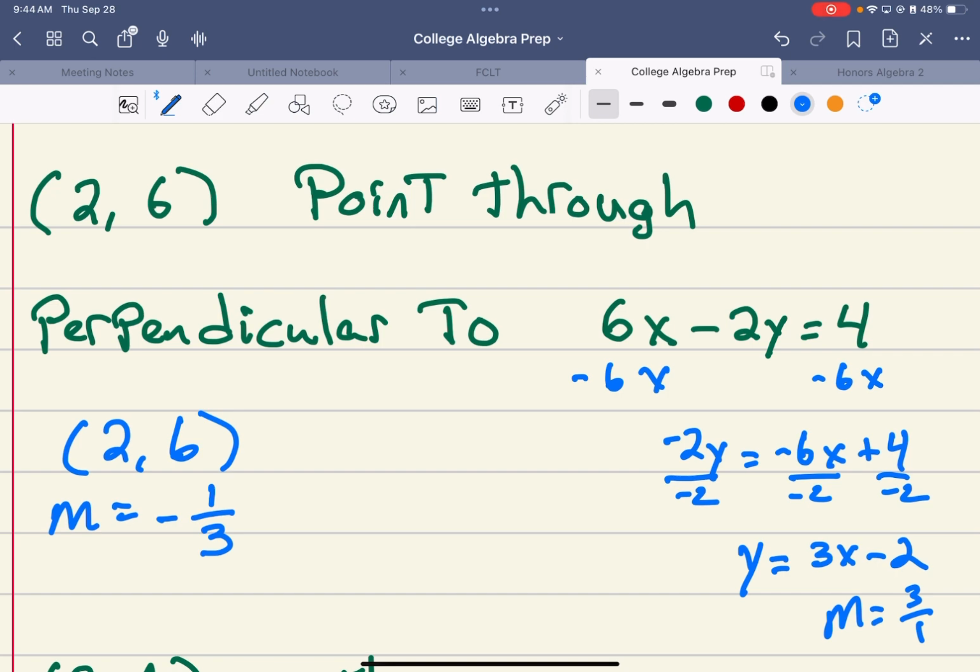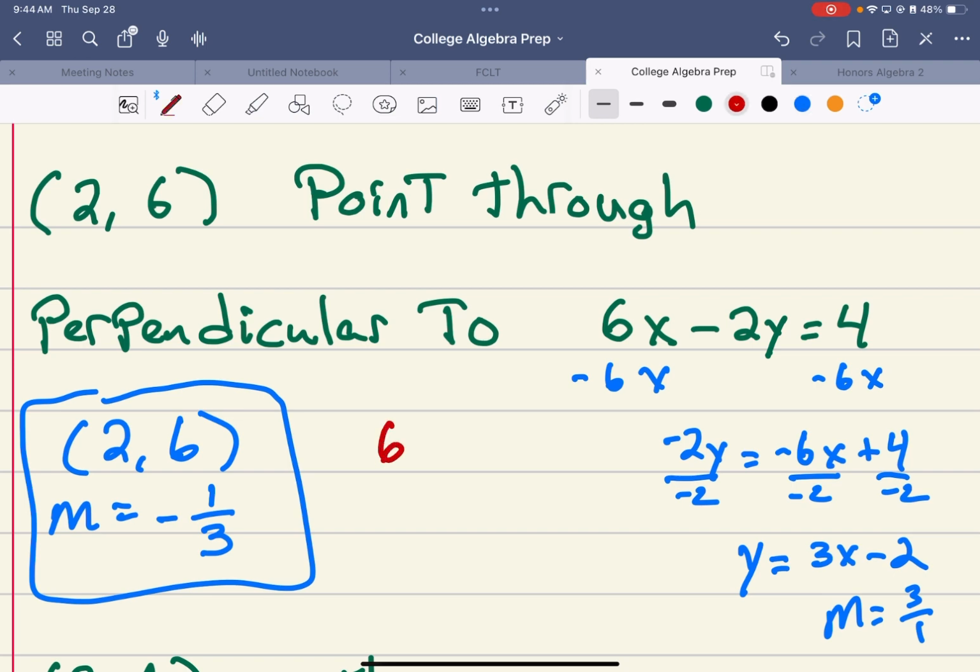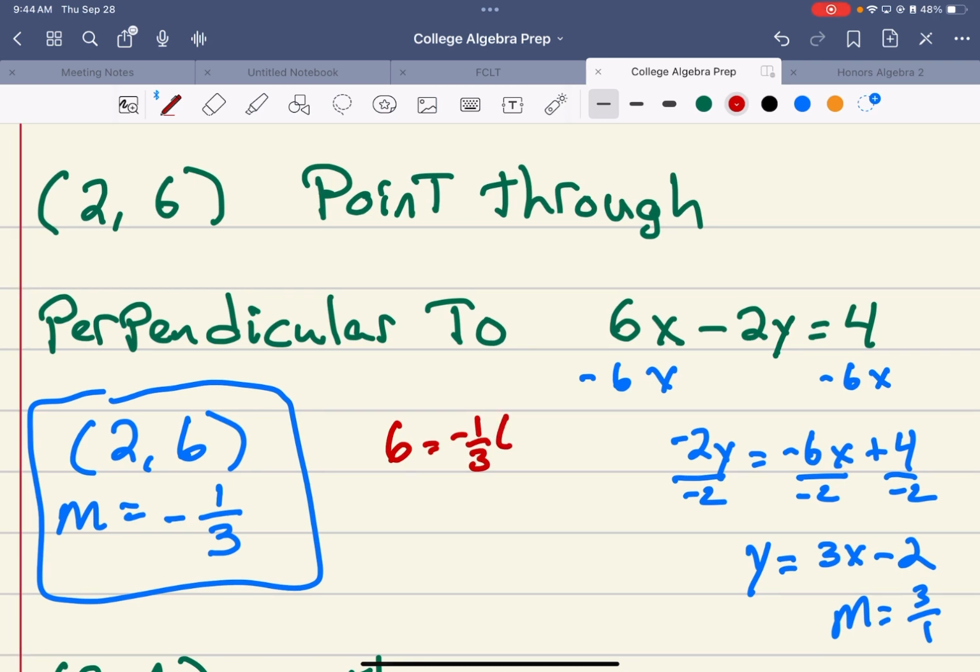That's okay. So now we revert to what we did on the last page. We have a point that it goes through, and we have a slope. So my y value is 6. My slope is negative 1/3. Wasn't very nice of me. Times 2 plus b.